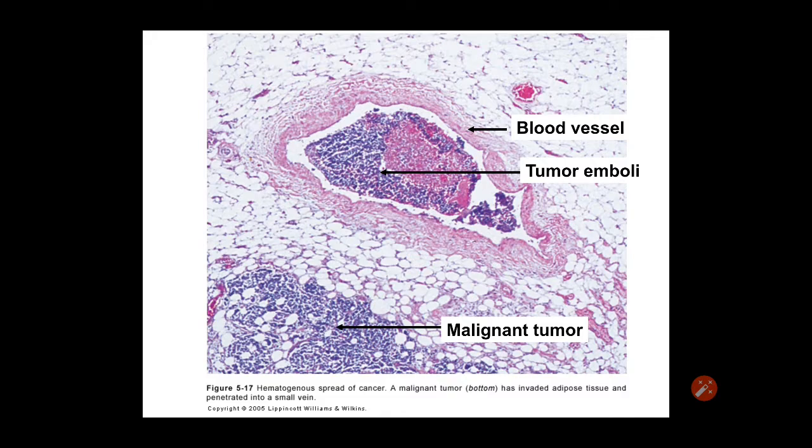So here in this section, you have a malignant tumor in this part of the section, and you can see that nearby there is a vessel that has a tumor embolus. One way to figure out if this is a true embolus and nothing that you have done as a result of cutting through the tumor is this: when you cut the tumor, sometimes with your blade, you may introduce a piece of the tumor inside a vessel.